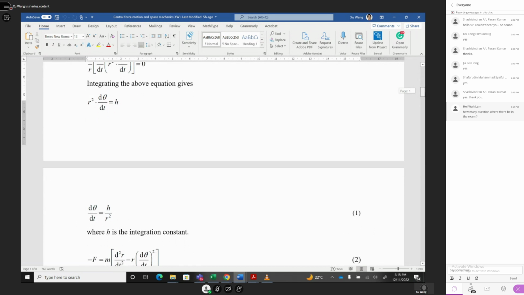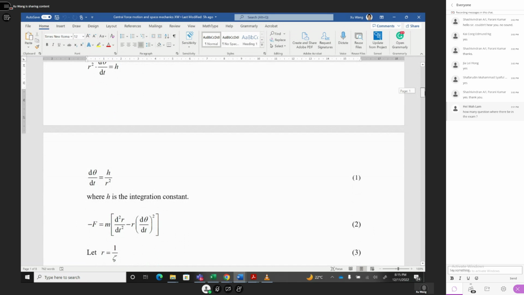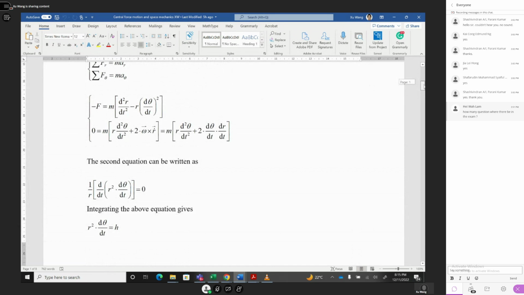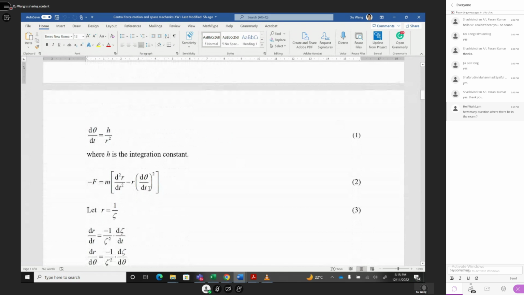Okay, and then we look at the first equation, this equation. What happened? In this first equation, we let r equal to 1 divided by cos ψ. So then we can get dr/dt equal to 1 over cos² ψ times d cos ψ/dt, right?